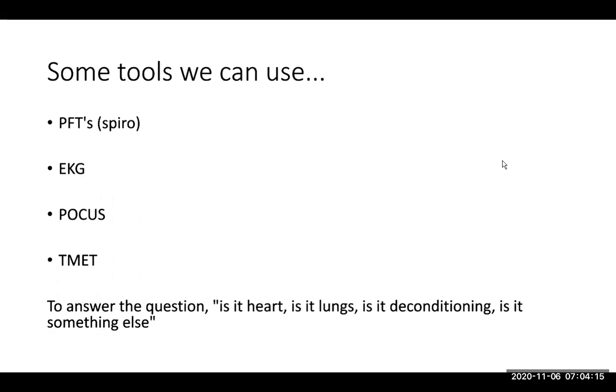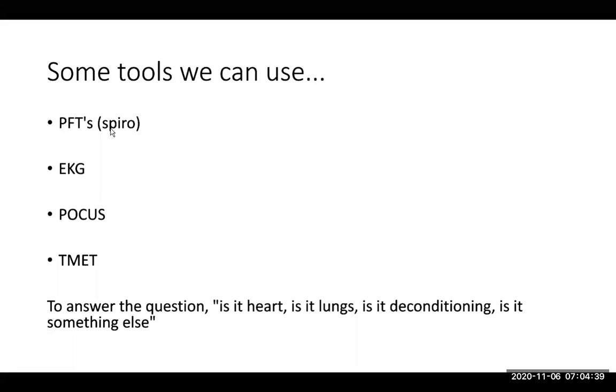So in the dyspneic patient, in addition to our history and physical, what are some tools we can use? Well, pulmonary function tests, spirometry. Office spirometry generally doesn't include the actual measurements of total lung capacity and residual volume, so that's why I put spiro in parentheses.